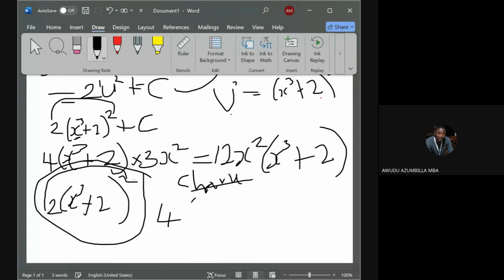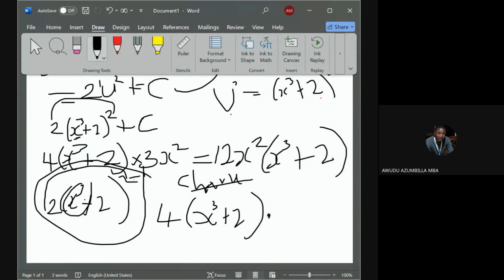Because we are differentiating the whole function, the inside there will not be affected because it's multiplication. So you write the same thing, x cubed plus 2. And remember, when we are differentiating the whole function, this is 2. Remember that you are going to subtract 1 from here. And that is why the 2 will vanish from here. Then you are going to multiply this one by the differential of x itself, whether it is x that is a function or y that is a function inside.